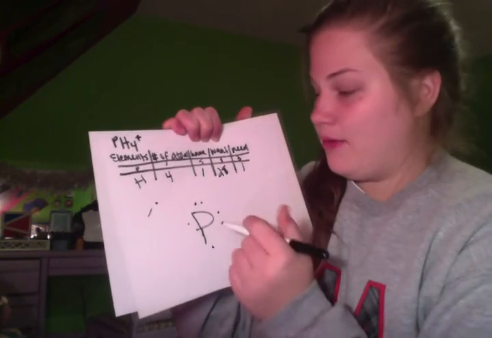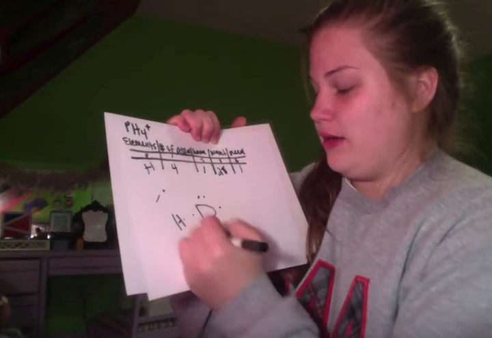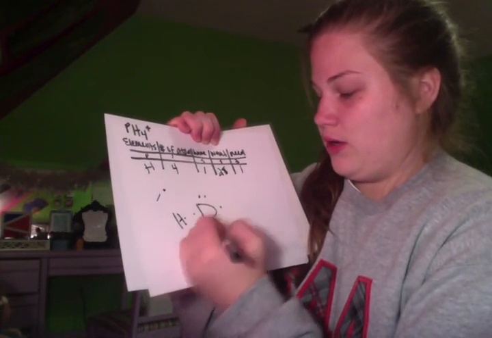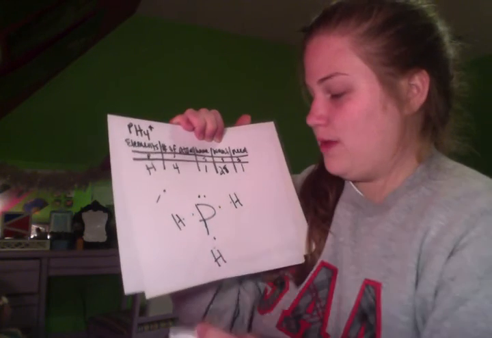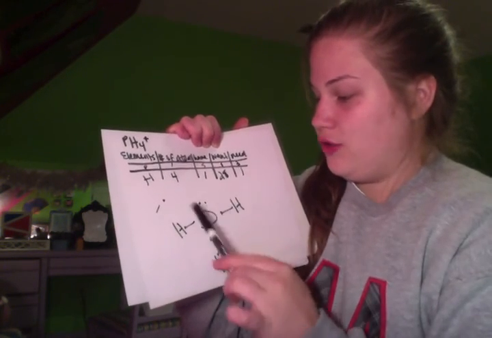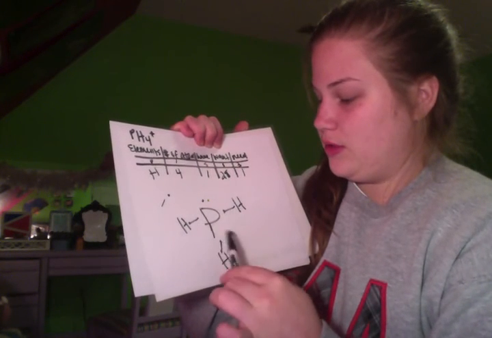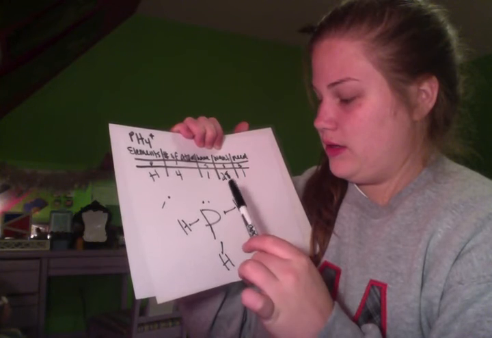Then you can put the 4 H's around, H has 1, H has 1, and H has 1. And then you bond them together. And then that one has 2, 4, 6, 8.